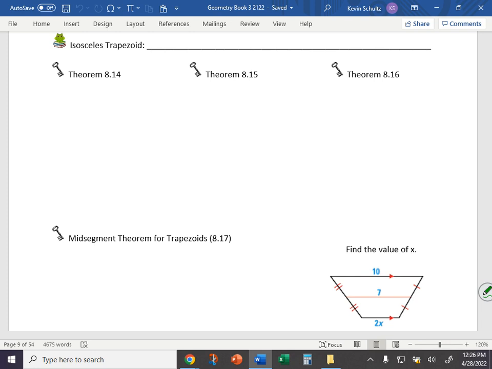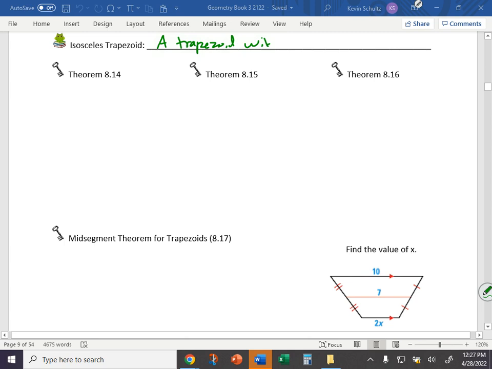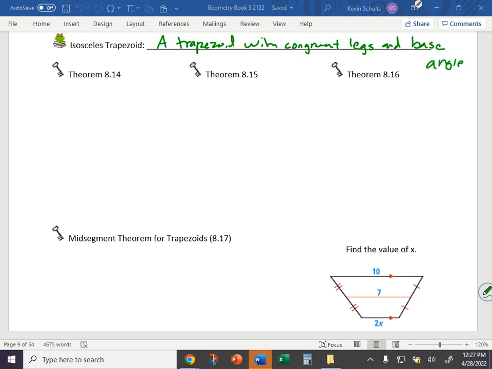What else is going to be congruent? Angle measures, the base angles. So an isosceles trapezoid is a trapezoid with congruent legs and base angles.